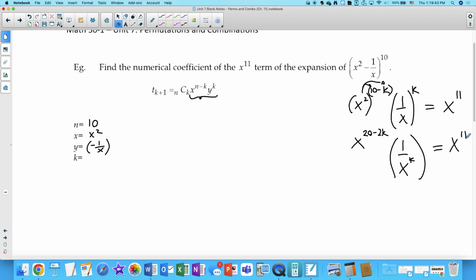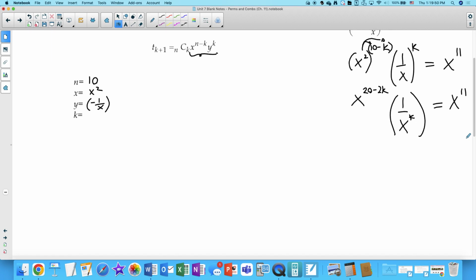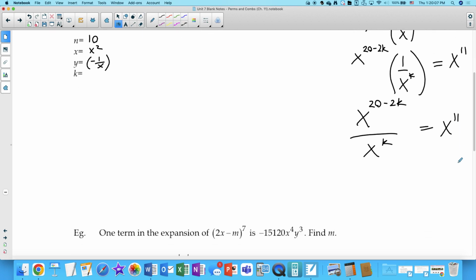Okay, all right, so let's keep going here. On the left side, these multiplied together will be x to the 20 minus 2k over x to the k equals x to the 11. Then I use my quotient law for exponents and subtract exponents, and I will get x to the 20 minus 2k minus k equals x to the 11.